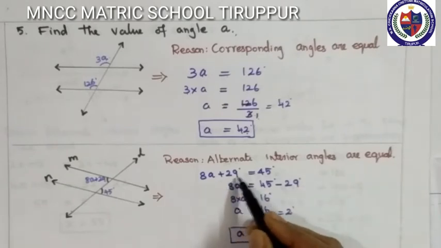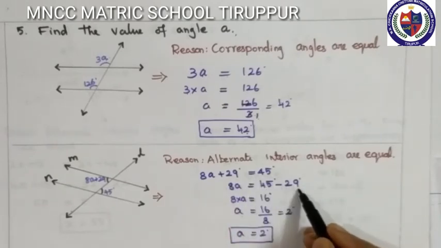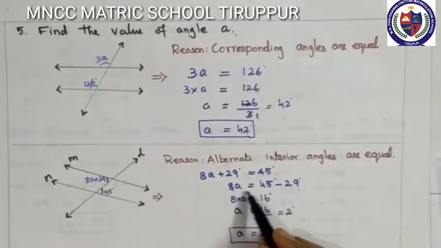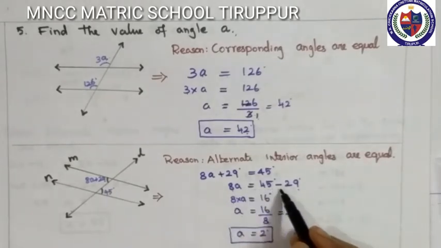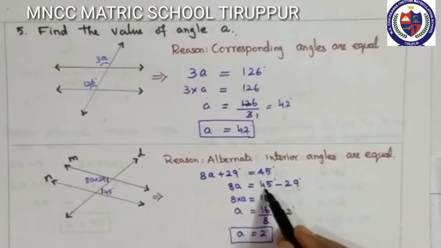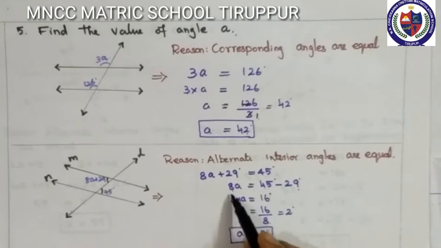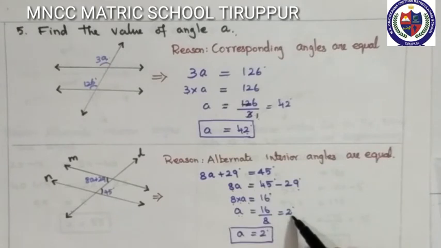Plus 29 goes to minus 29. 8A equals 45 minus 29. 45 minus 29 is 16. 8A means 8 into A. Multiplied by 8, it goes to divide. So A equals 16 divided by 8, which equals 2. So A is 2 degrees.